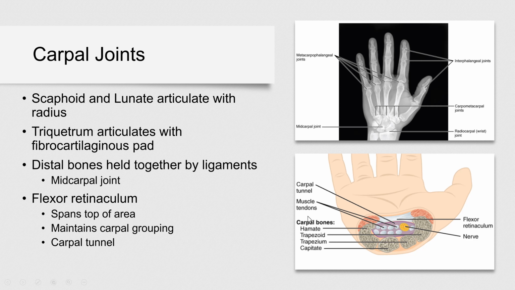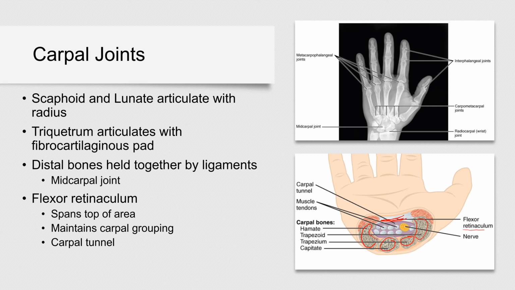So anyway, over here, right there, we have what we call the flexor retinaculum. So here you have your bones, and this is the distal row because you have trapezium, trapezoid, capitate, hamate, right?